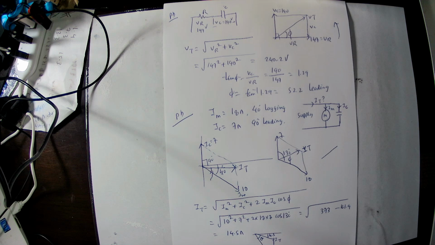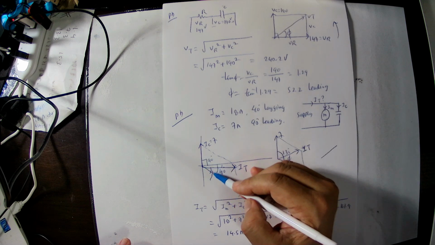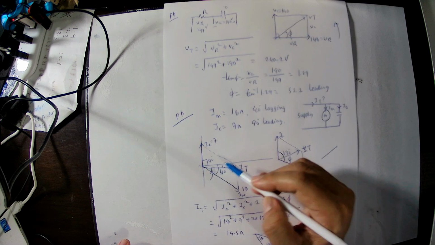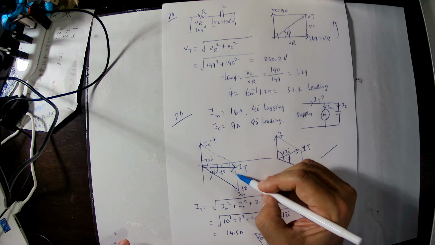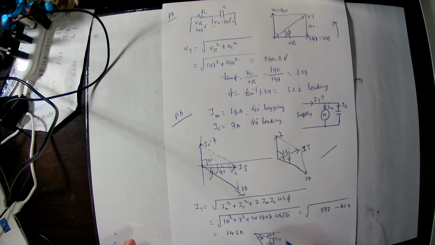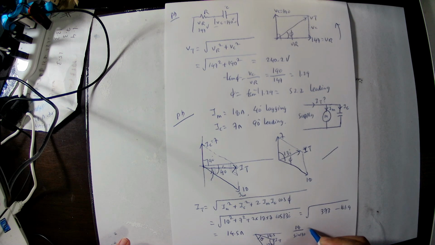So this angle is 130, because this one is 90 plus 40, 130. So this is also the opposite 130 degrees. So we write down the equation using the sine rule: 18 by sine 130 equals 7 by sine theta.